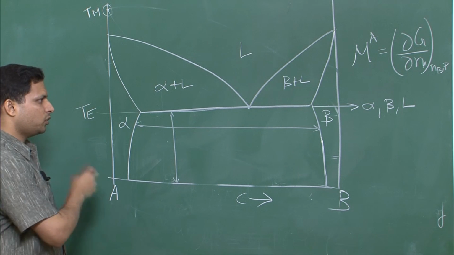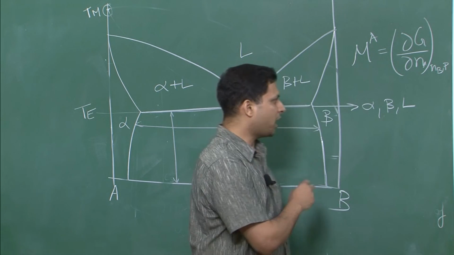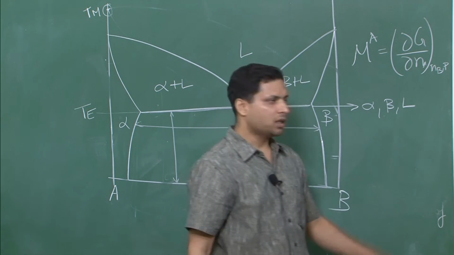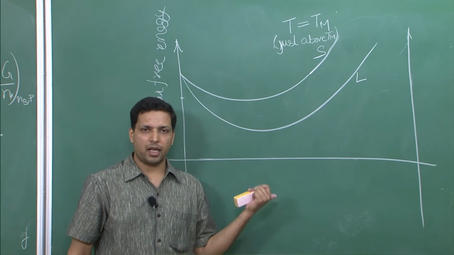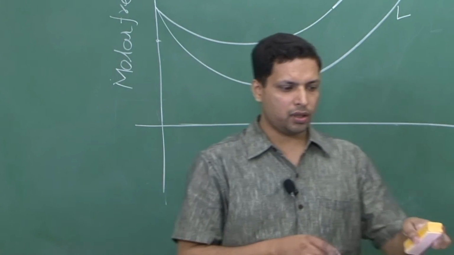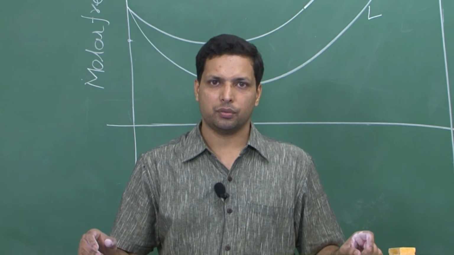Now you should try and draw the free energy diagram for a system like this at a temperature like this, how it would look and what will be the common tangent that you need to draw over there. Try doing that and we will end this part over here. Thank you.